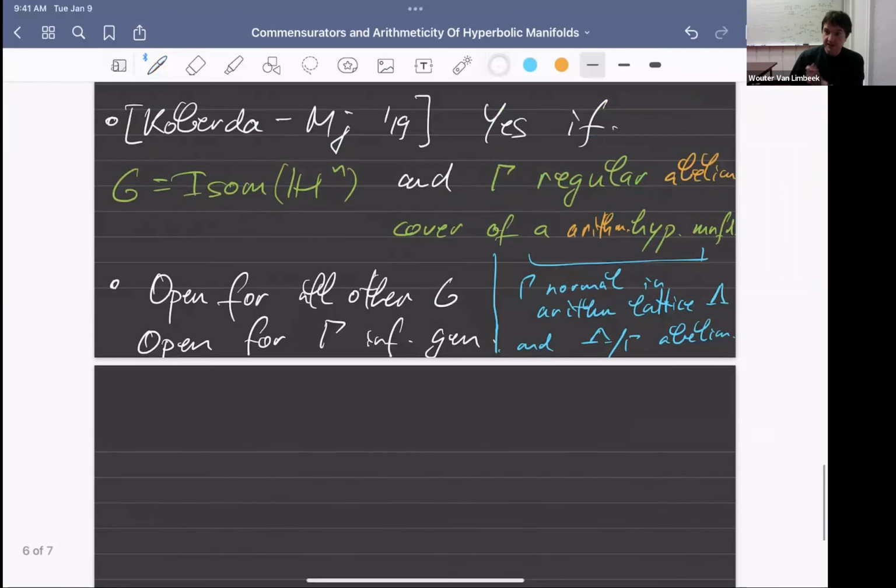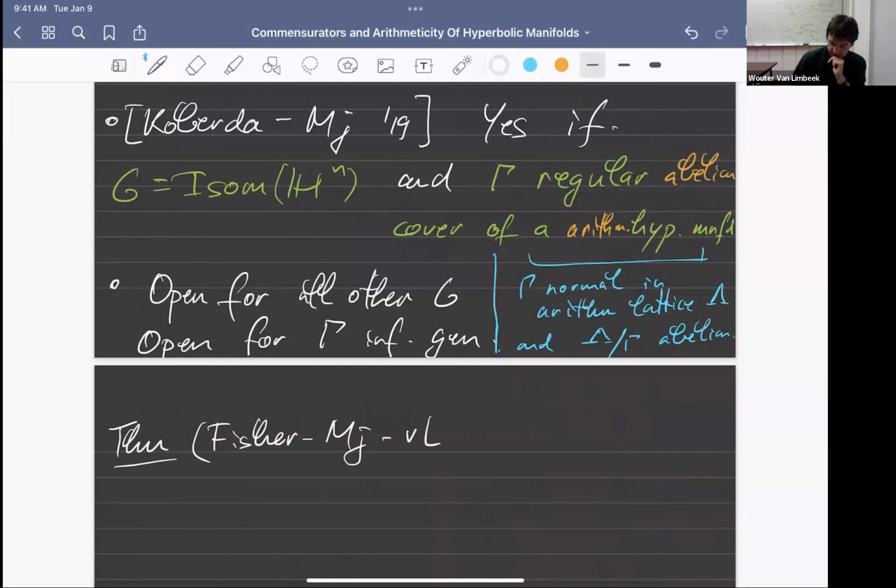Okay, so now I can state the main theorem that I want to tell you about. This is with David and Mahan, this year.